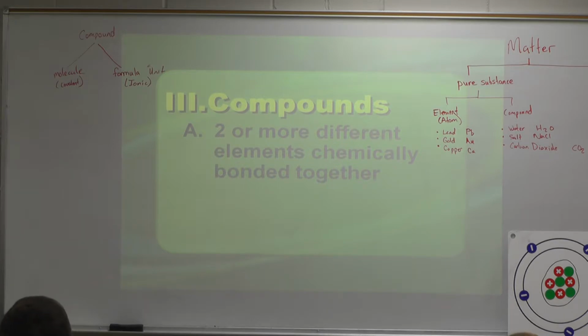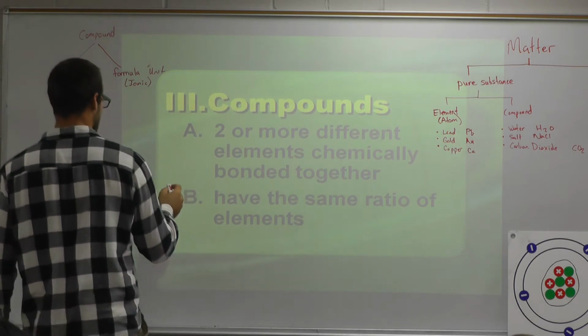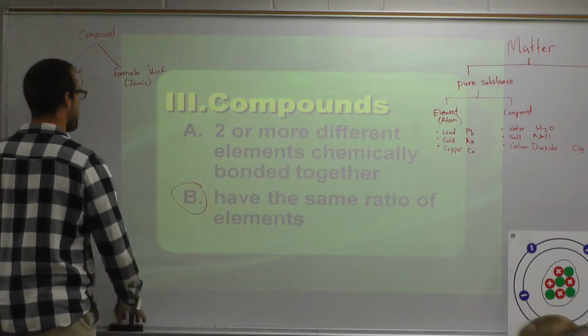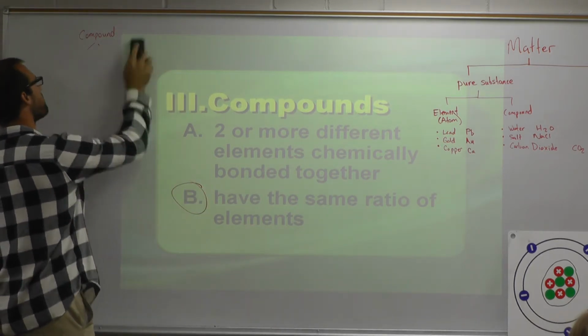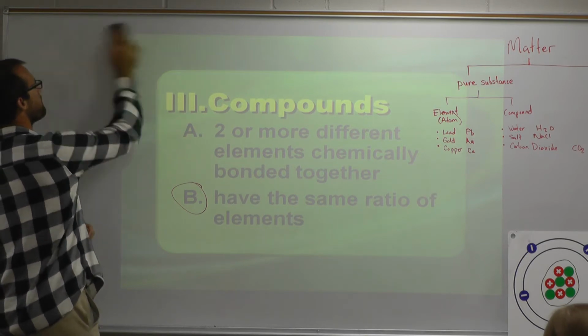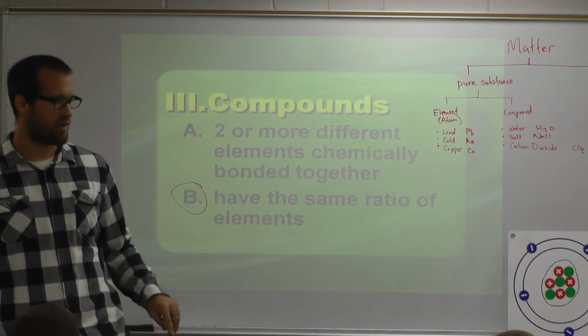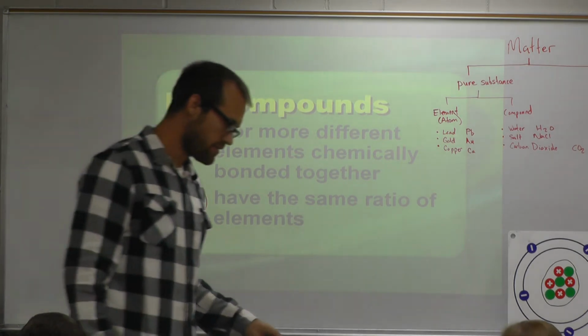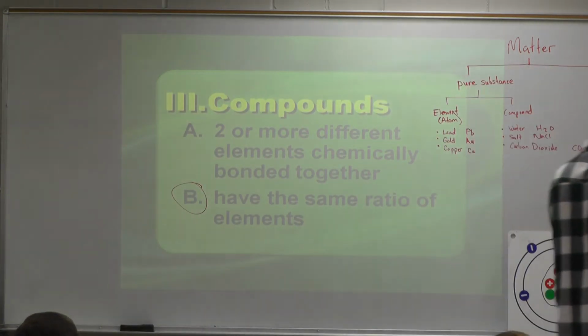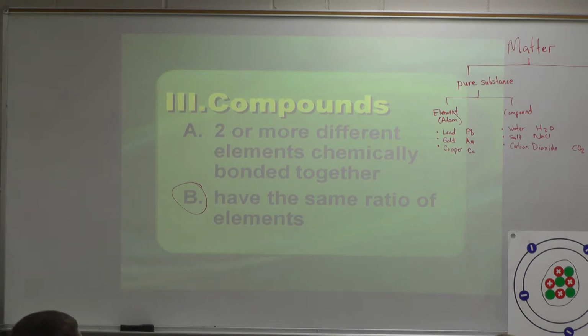I probably didn't leave myself a whole lot of space for the rest of it. Hopefully you did. This is important, though it's really subtle. It says compounds have the same ratio of elements. What does that mean? It has to have the same ratio of elements.